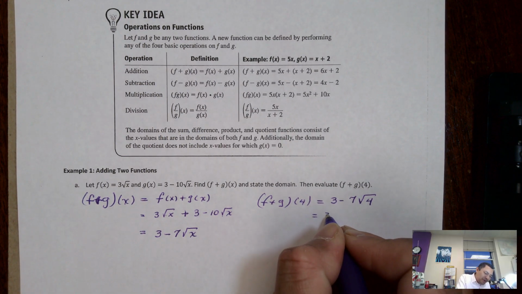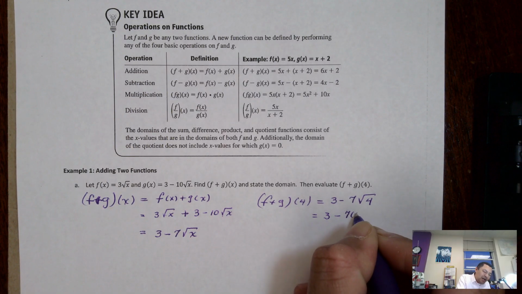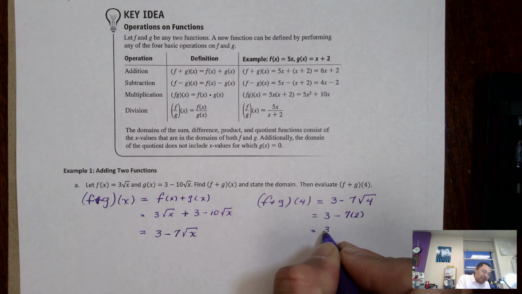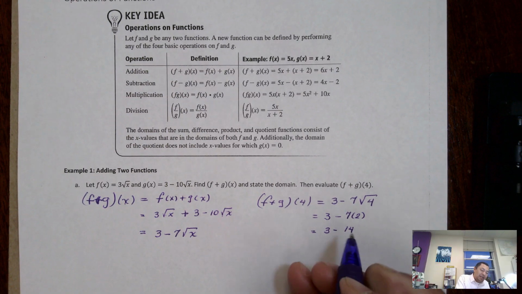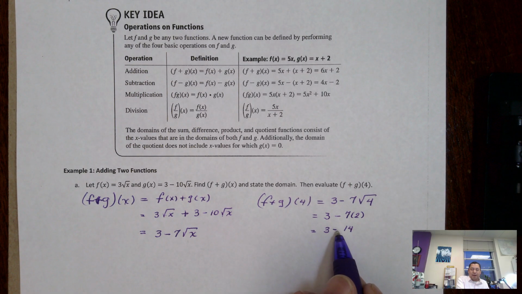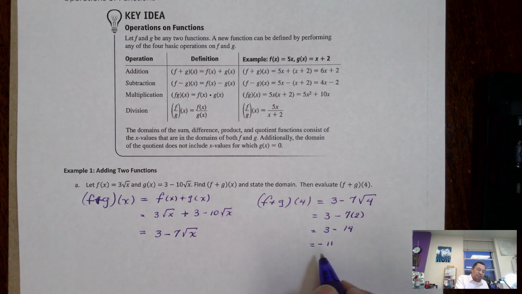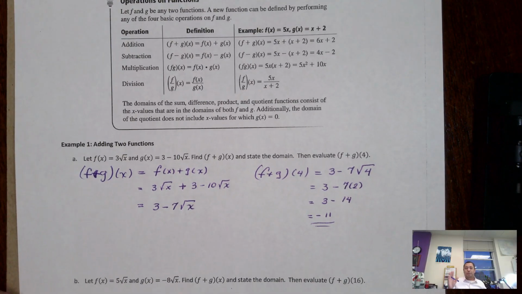So I have 3 minus 7 times 2. I know now that negative 7 times 2 is equal to negative 14. 3 minus 14 is equal to negative 11. So that's the solution.